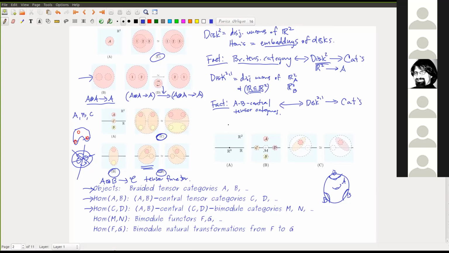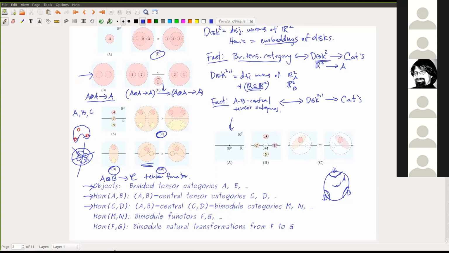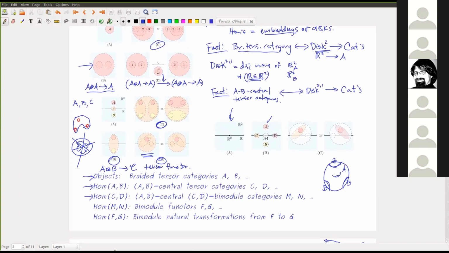So what I do is I consider this space here. And then I look at the basic open sets again, and I fix the braided tensor categories A and B here. I fix C and D to be the two input central tensor categories. And then the new bit of data I have to give is a category here.